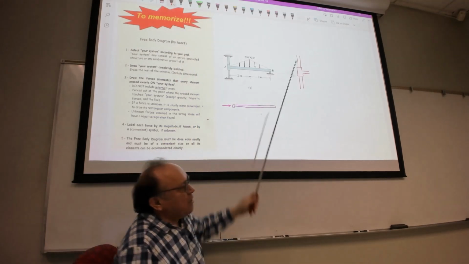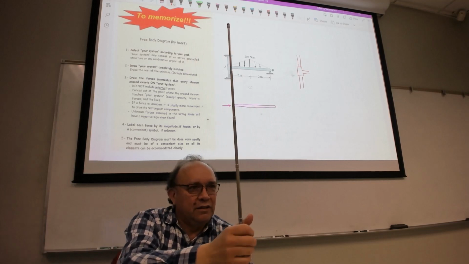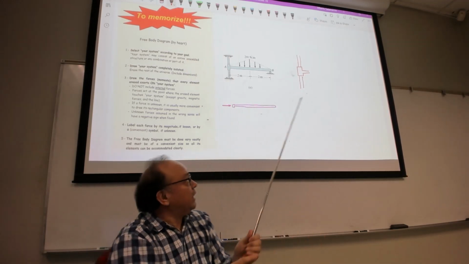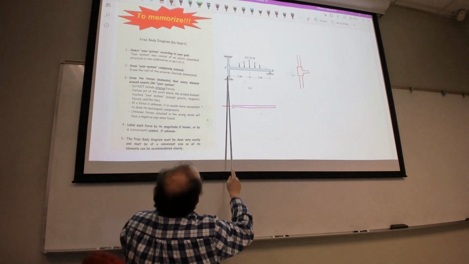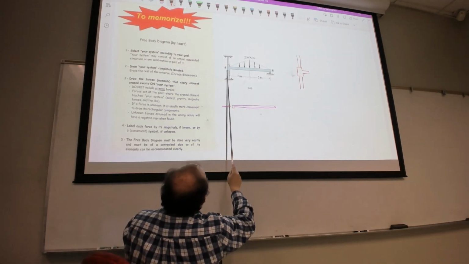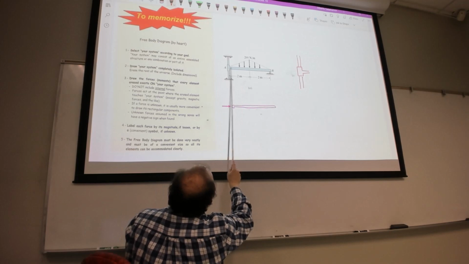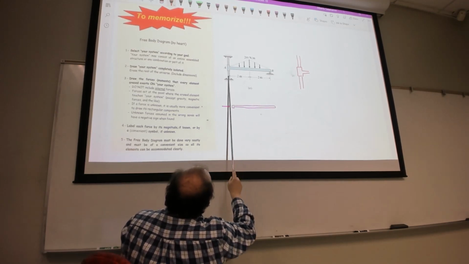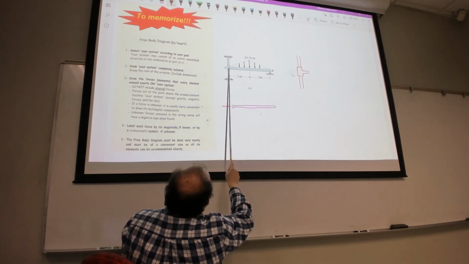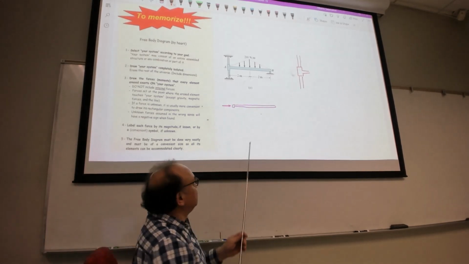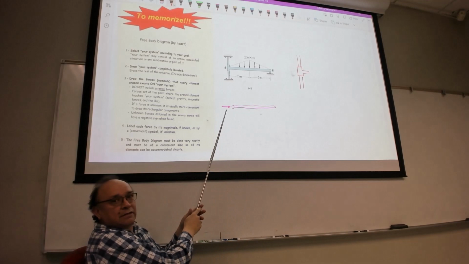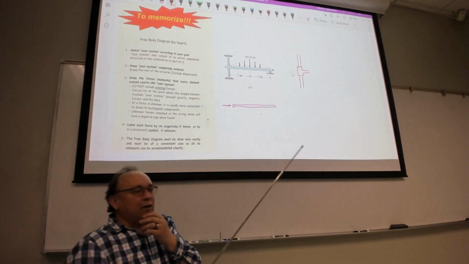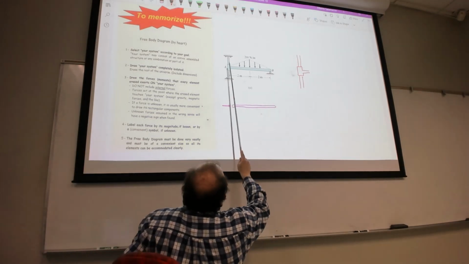This can move down, but I cannot move it horizontally because the rod is fixed and doesn't let me move, right? This rod is attached here, so this is not going to move horizontally. If I try to move this horizontally, it's not going to be able to move because this bar is applying force to avoid the horizontal motion. That's why we put this force here. Is that clear for everybody? You have to analyze the support just by itself.